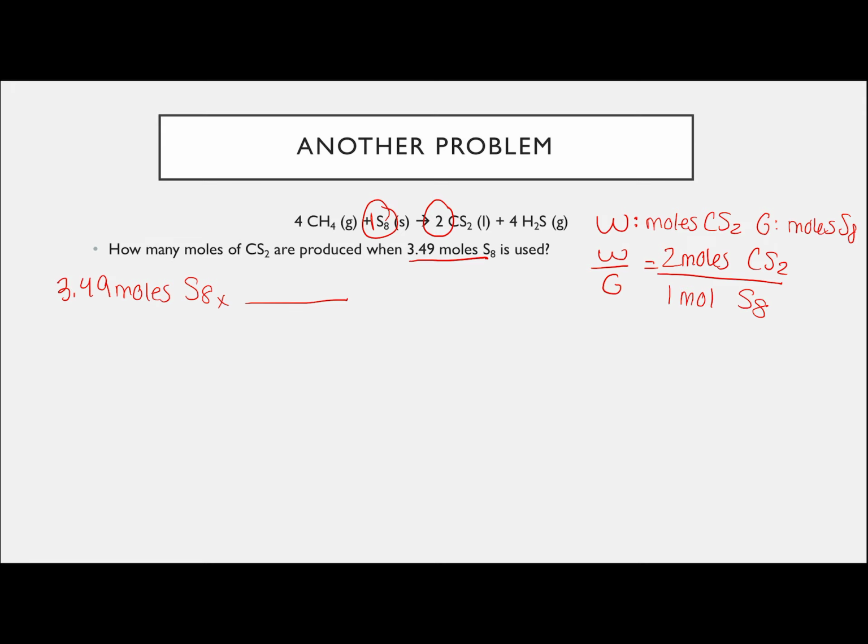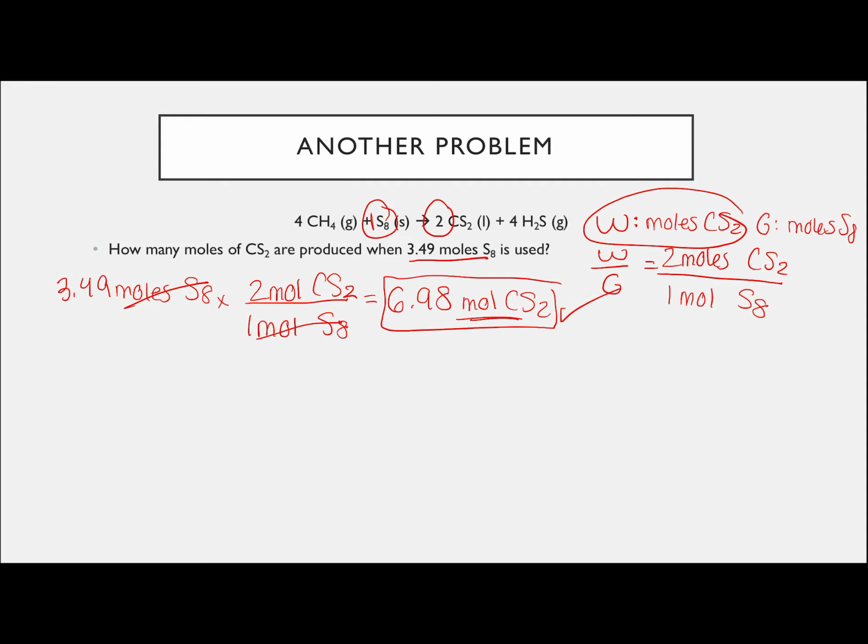And make sure to plug that in now. 1 mole S8, make sure that those units cancel, to 2 moles CS2. Plug it into a calculator. 6.98 moles CS2. Check to see that those units match what we wanted, and they do.